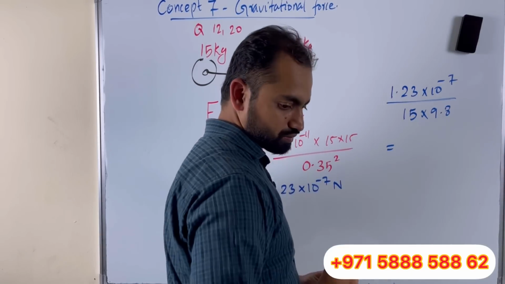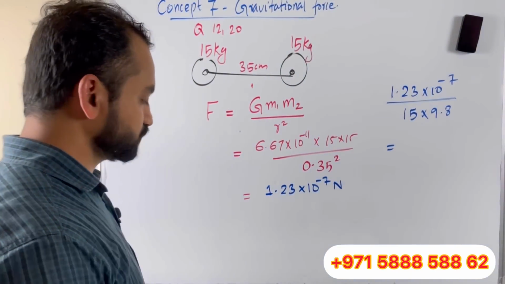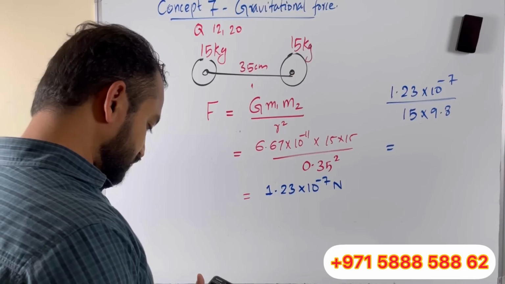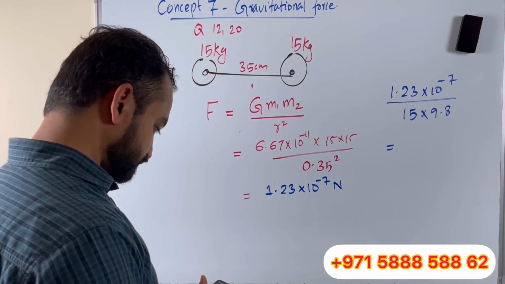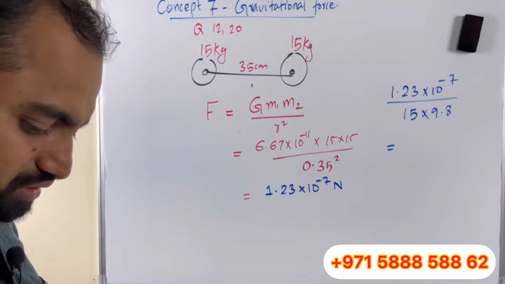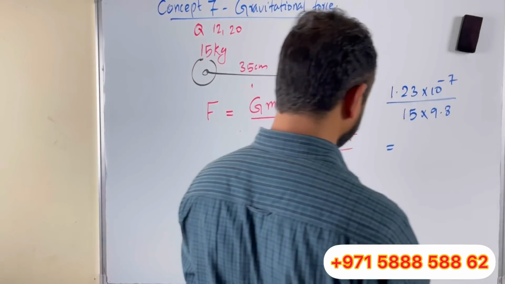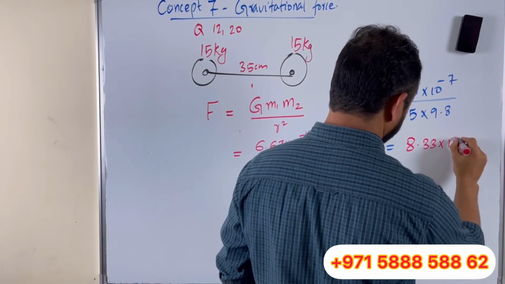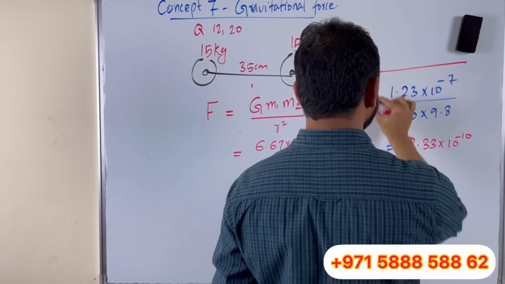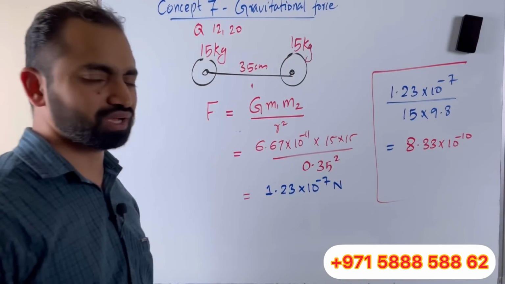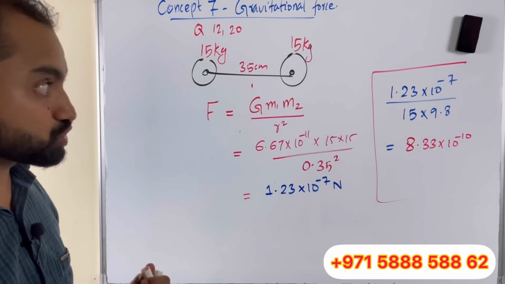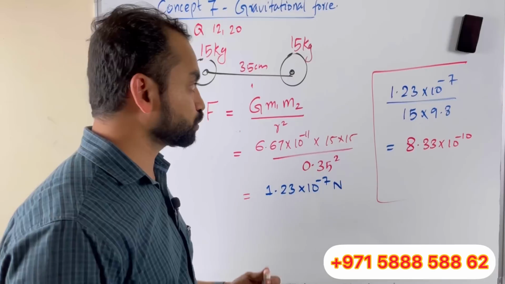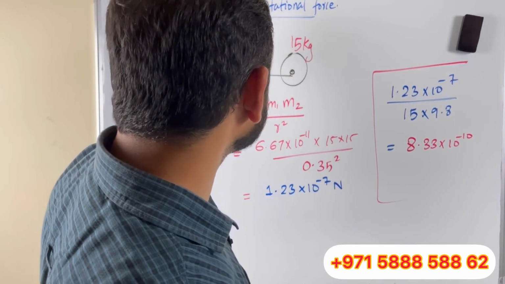So the answer we got divided by 15 multiplied by 9.8 equals 8.33 times 10 to the power negative 10. This shows that the strength of the gravitational force is very small compared to the weight of one of the masses.